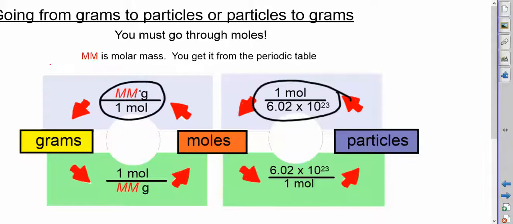If you're given grams and asked to go to particles, atoms, molecules, or formula units, you will divide by the molar mass. Now remember this number you get from the periodic table, that will get you into moles, and then multiply by 6.02 times 10 to the 23rd. Just follow the arrows. Notice moles are in the middle. You have to go to moles to get between particles and formula units, or particles and grams. You always have to go to moles first.